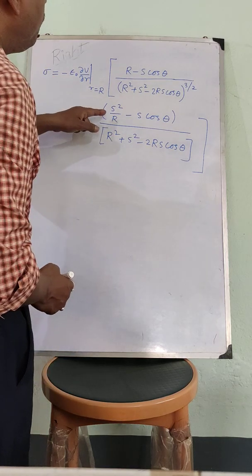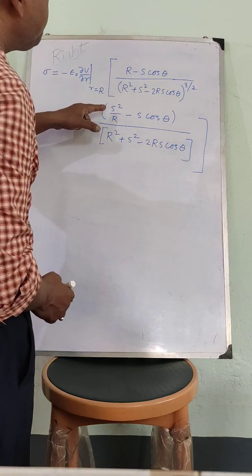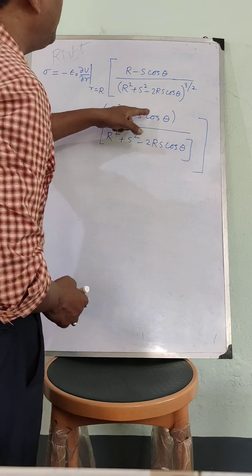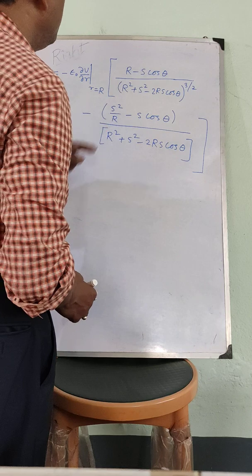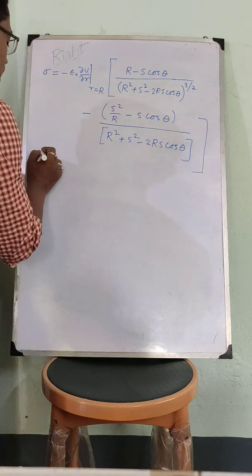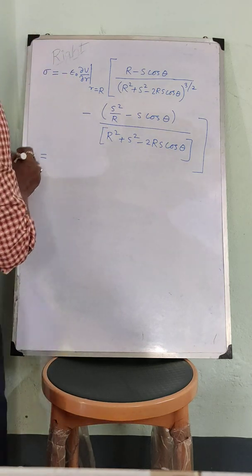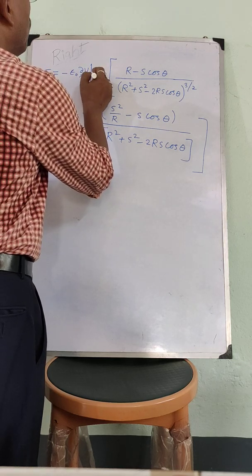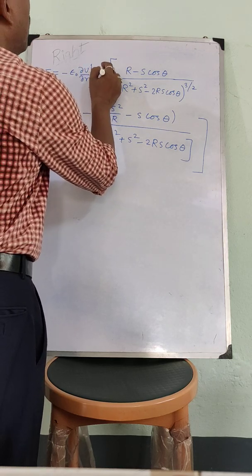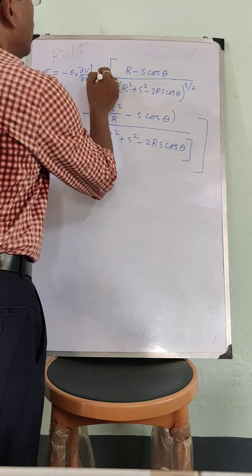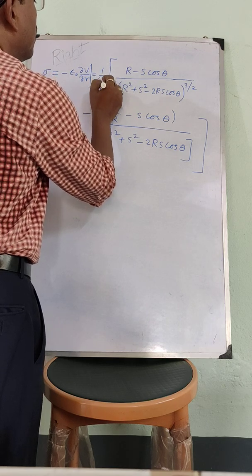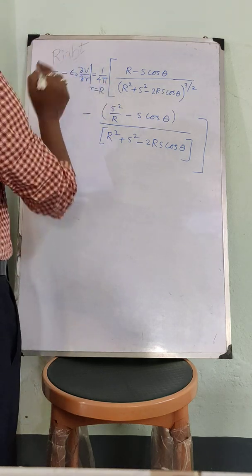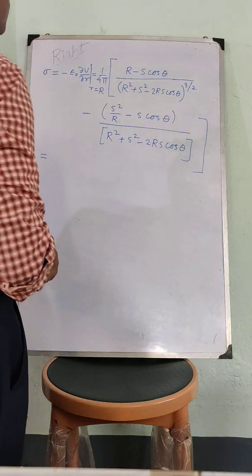Okay, now see, this R I can multiply with this. One thing we have not written is 1 by 4 pi, so I have 1 by 4 pi here, because epsilon 0 has cancelled out.